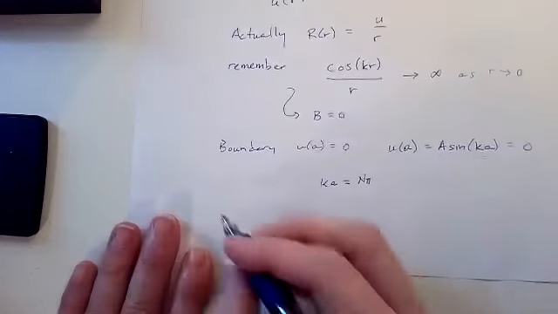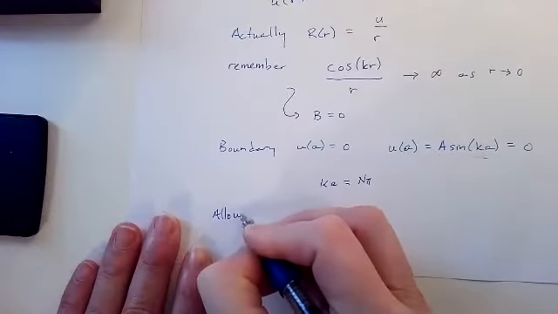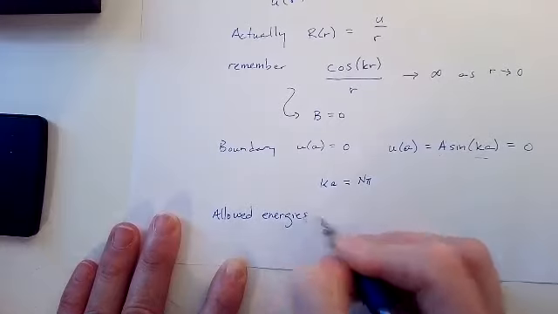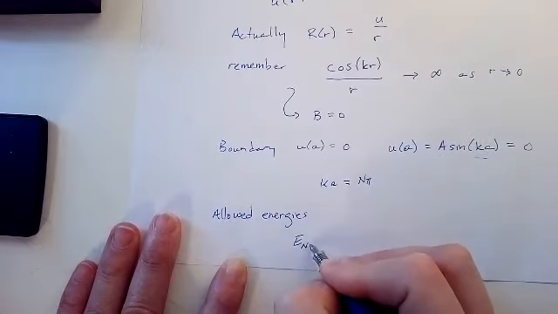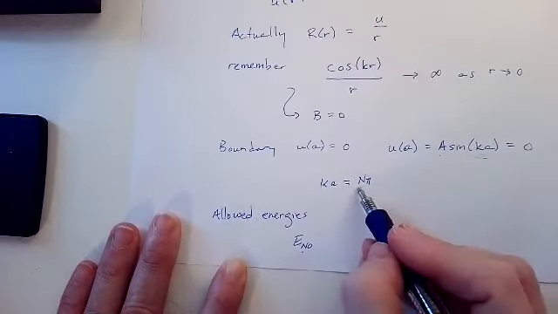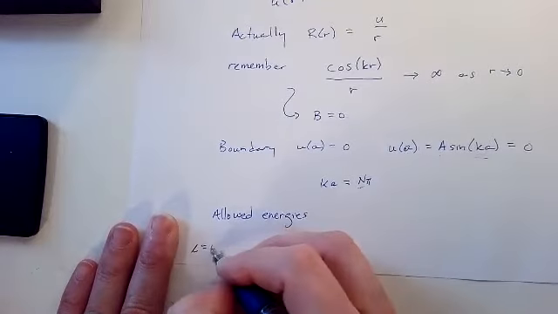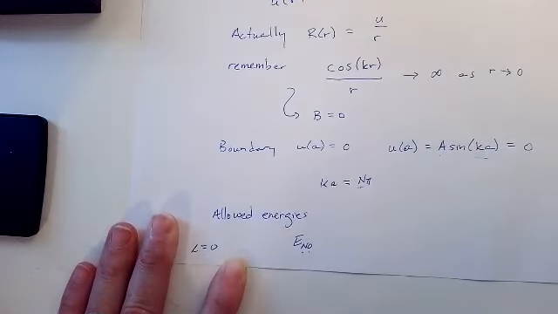So then that's going to lead us to talking about allowed energies in this sphere that we'll name n0. So n for this integer, and 0 for the fact that we are still in that case of L equals 0.